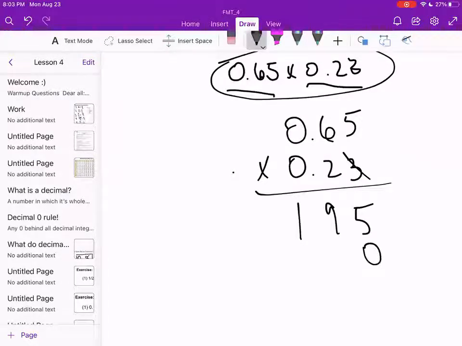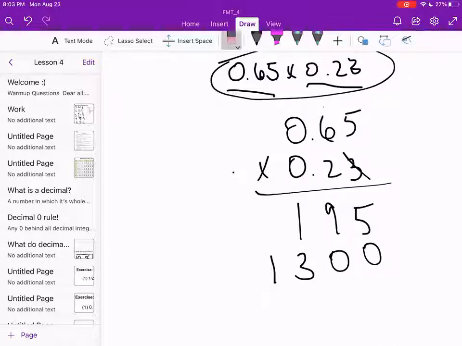Nice. Then 2 times 5 is 10. And then 2 times 6 is 12. Plus 1 is 13. 2 times 0 is 0. Plus 1 is 1. Okay.